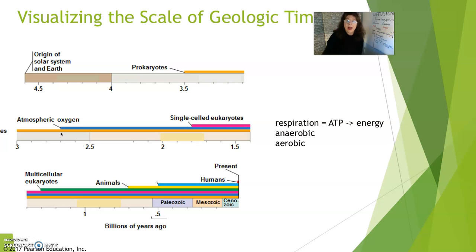In forming that oxygenation of the atmosphere, some mutations took place where there were prokaryotes that used oxygen for their energy source. And gradually, about 2 billion years ago, less than that, 1.75 billion years ago, the first single-cell eukaryotes with a nucleus appeared on the scene, followed quite closely by multicell eukaryotes and into animals.